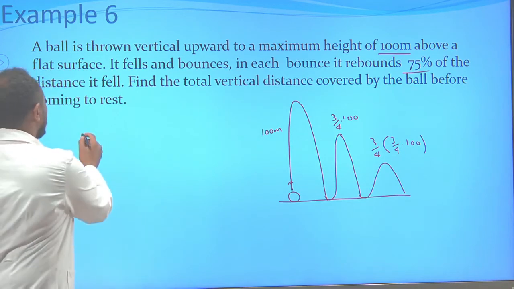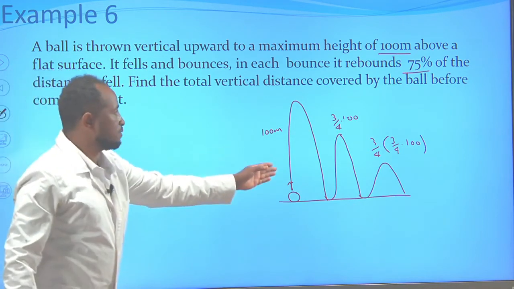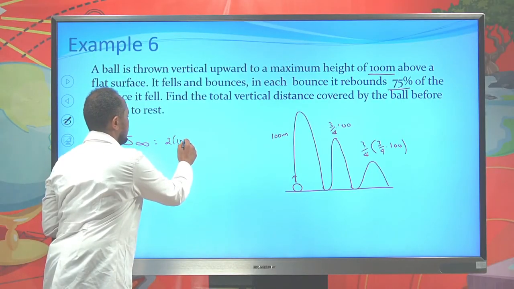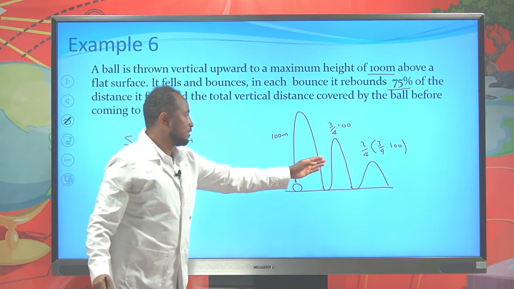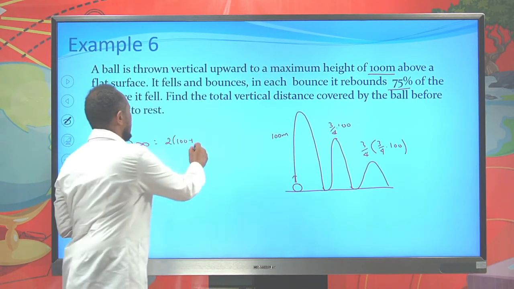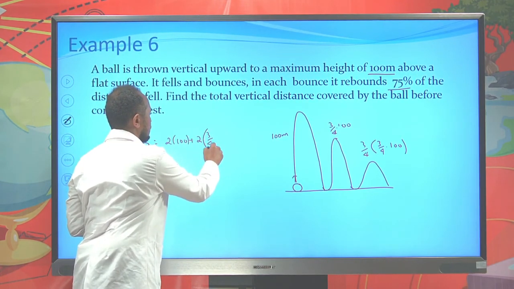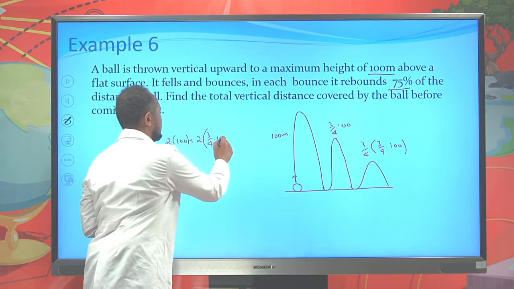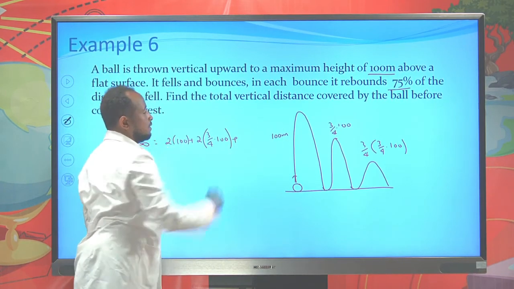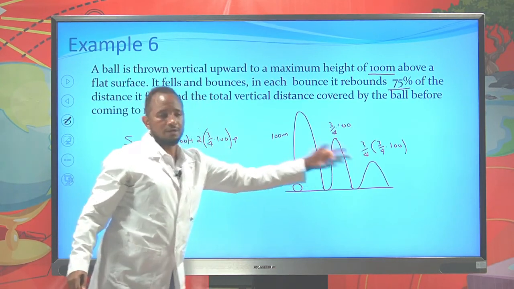When you write the sum, it is equal to 100 moving up and down, twice 100, plus here it moves up 3/4 of 100 and down 3/4 of 100, twice 3/4 of 100, plus on the next one also twice 3/4 of 3/4 of 100, and it goes on like this.